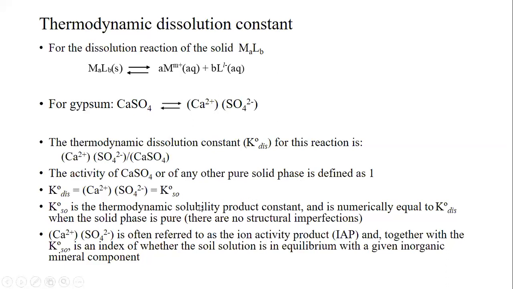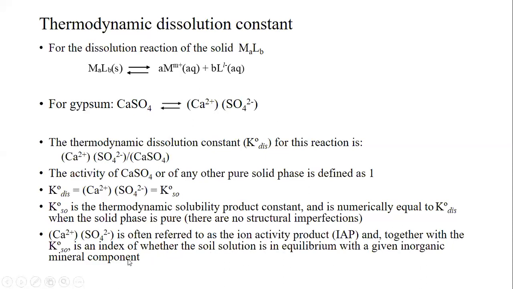But because we are multiplying only ion activities by themselves, it's also called the ion activity product. And we'll know why. It helps us to understand the solubility of these compounds. IAP, ion activity product, together with the K0 of SO, is an index of whether the salt solution is in equilibrium with a given inorganic mineral component.